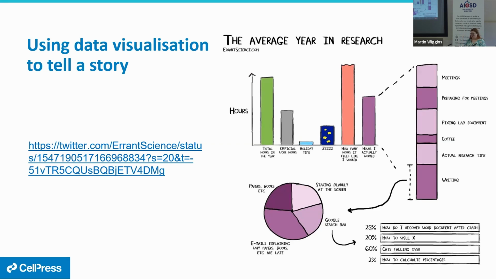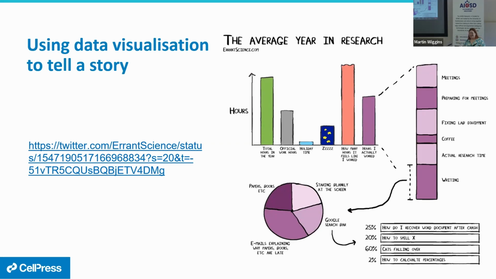And then, of course, the writing time gets pulled out into that pie chart, which is a different way of showing information, but you've got your papers, books, emails, staring blankly at the screen, which is definitely what happens when you're attempting to write stuff, and then the Google search bar, and then out we go into how do I recover a Word document after a crash?